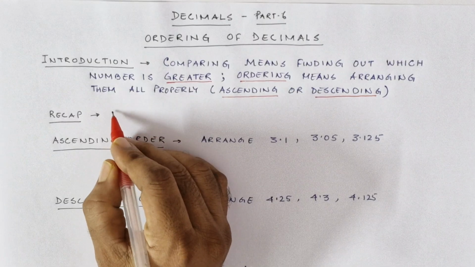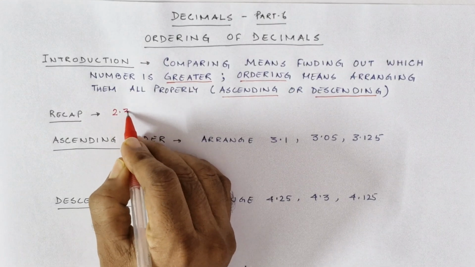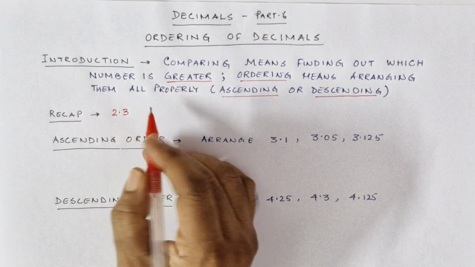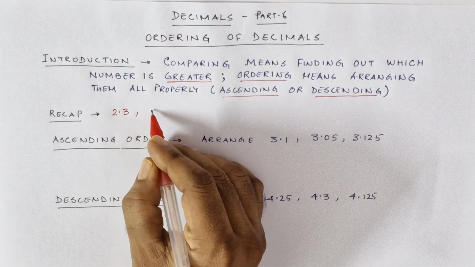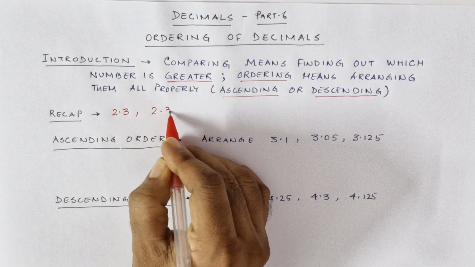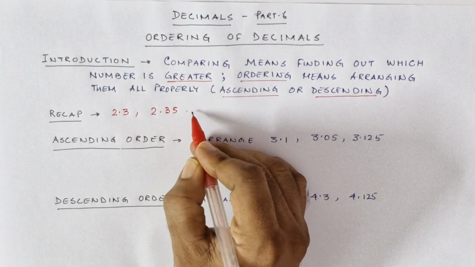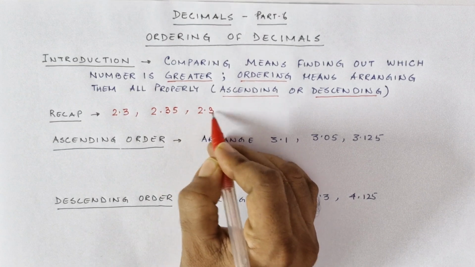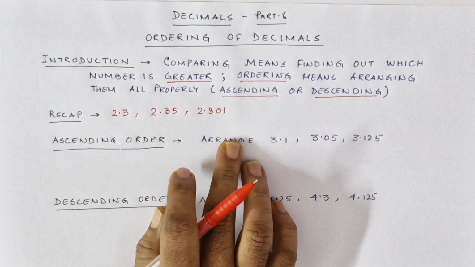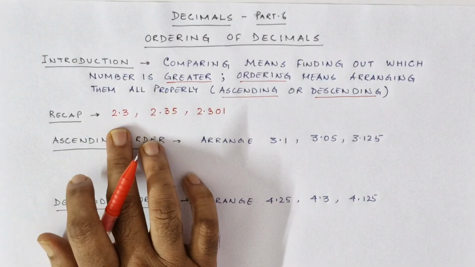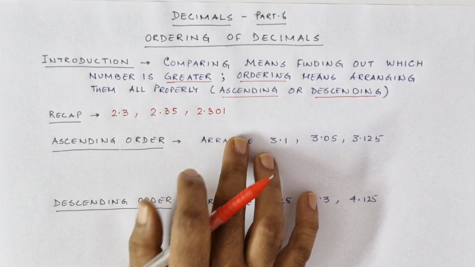In the previous lecture we took, for example, 3 decimals: 2.3, 2.35 and 2.301. We learned how to compare these decimal numbers.